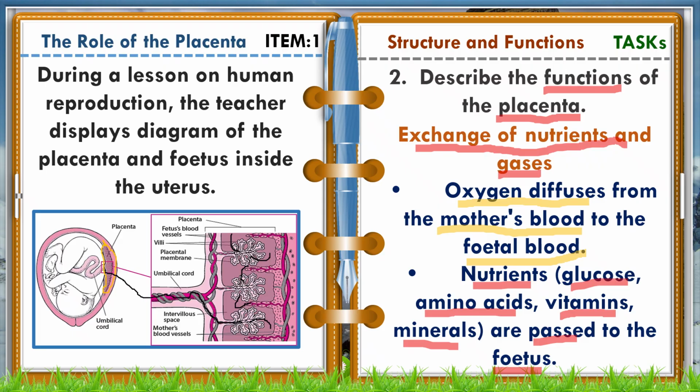And when they are taken to the fetus through the umbilical cord, there is no mixing of the blood of the mother with the blood of the baby. Why? Because of the placenta.